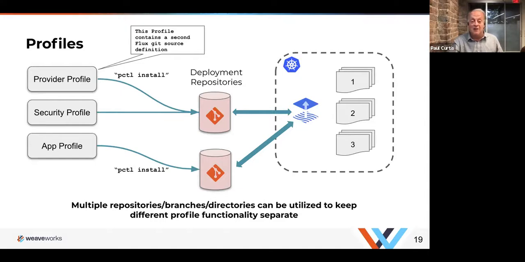So the profiles are declared, which means they get updated the same way that the manifests and the Helm charts and everything else gets updated. They are maintained in Git, so they are versioned. All of the same GitOps principles apply to a profile that apply to any other Kubernetes objects that you're using in GitOps.